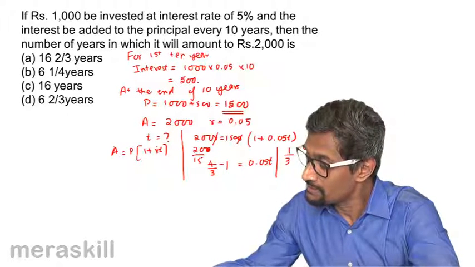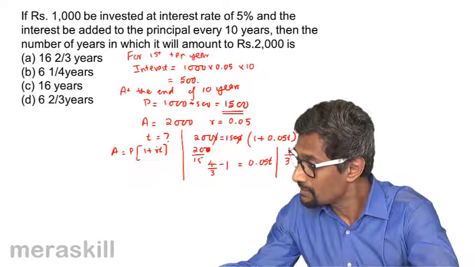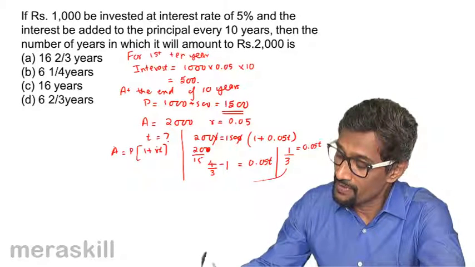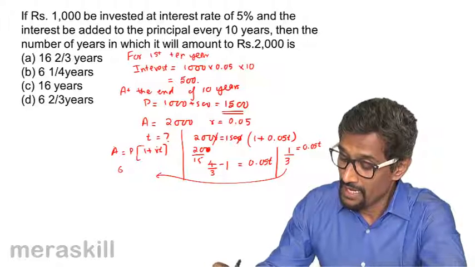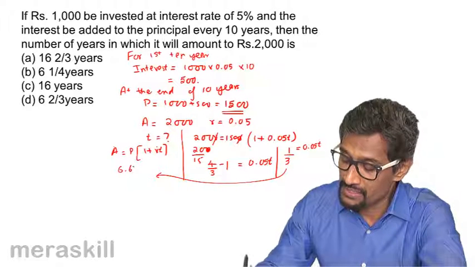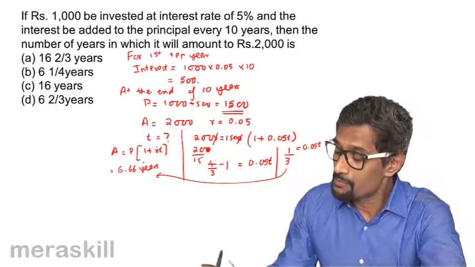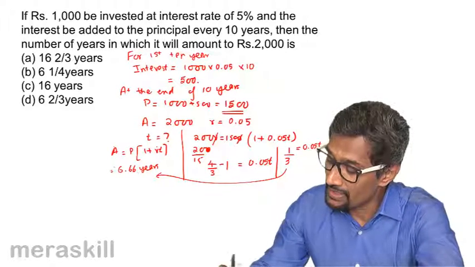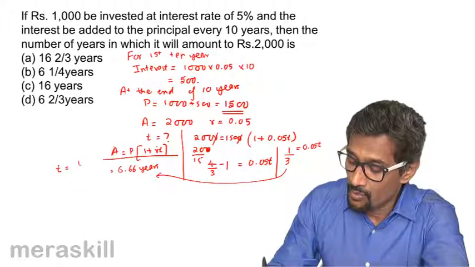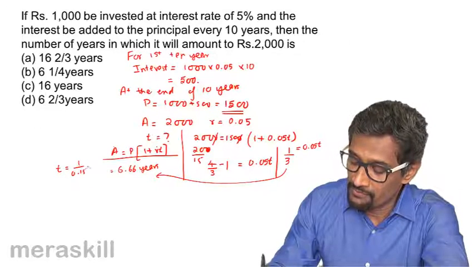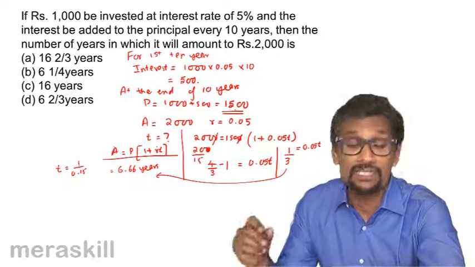So T turns out to be 1 upon 0.15, which is the same as 100 by 15, which is 6.66 years after 10 years.